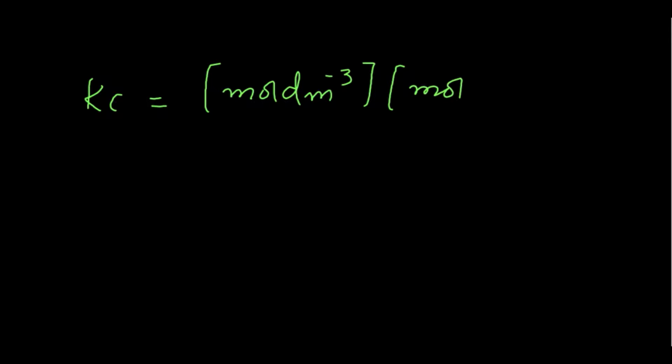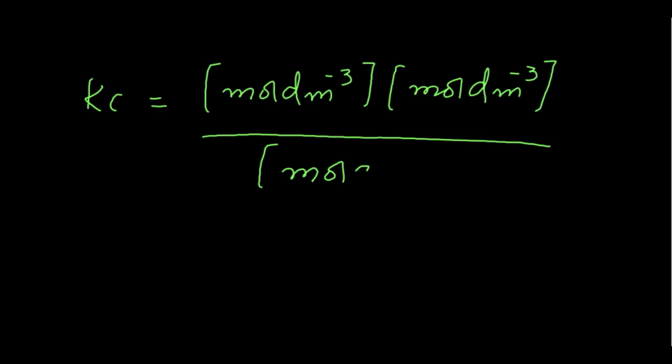Now we will put their values in terms of moles per cubic decimeter. So Kc is equal to mole per cubic decimeter into mole per cubic decimeter over mole per cubic decimeter for carbonyl chloride.